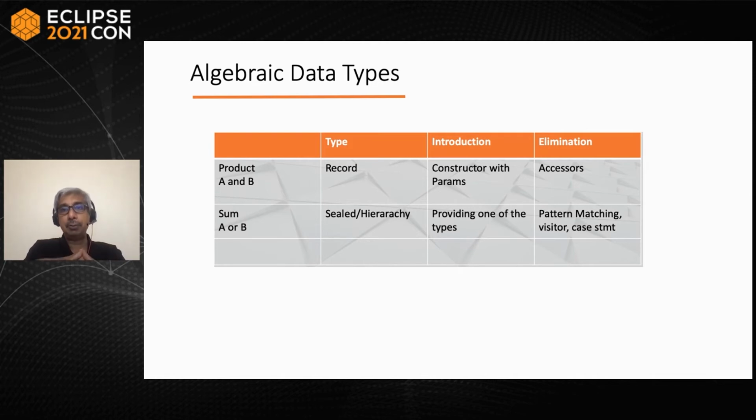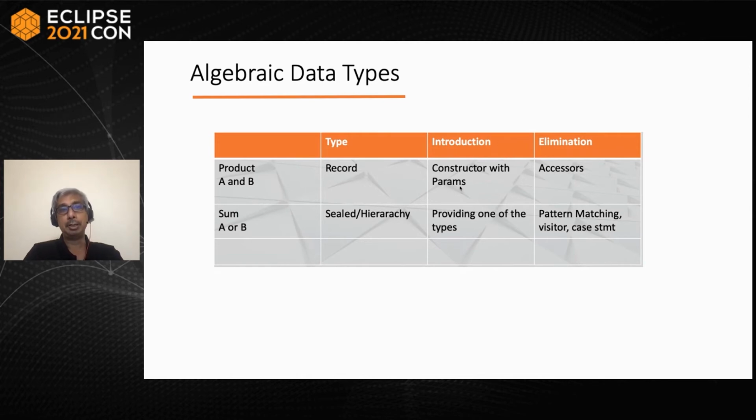When we say algebraic data type, it's a kind of composite type formed by combining other types. Two common kinds are the product type, which are tuples, and the sum type, which is like a disjoint union of sets. And of course, you know there are operations like introduction and elimination of the types.